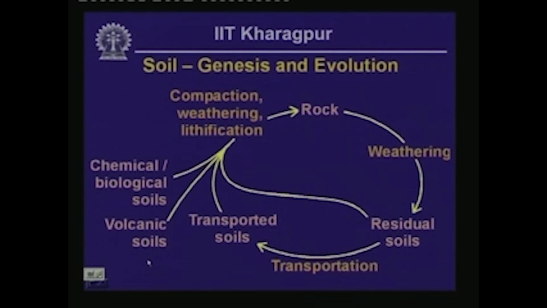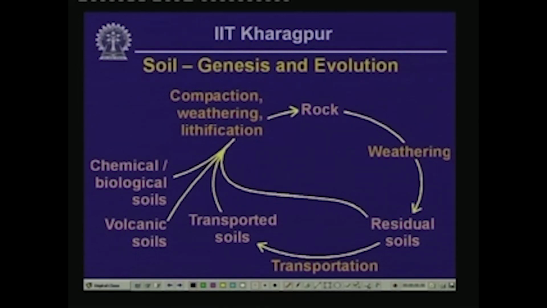Okay. Now, soil genesis, how soil actually forms out of rock or chemical or biological processes or volcanism, is indicated on this slide. As I mentioned, from weathering of rock, a class of soil develops which is called residual soil, from in situ weathering, without any transportation.